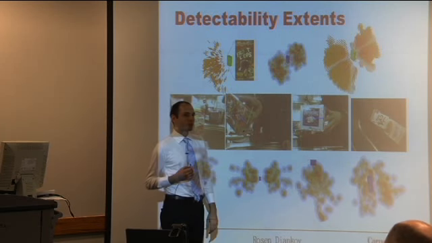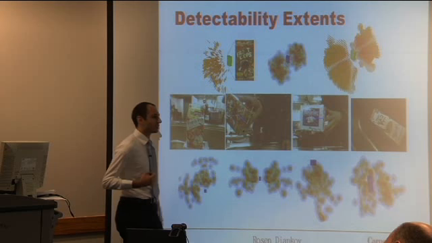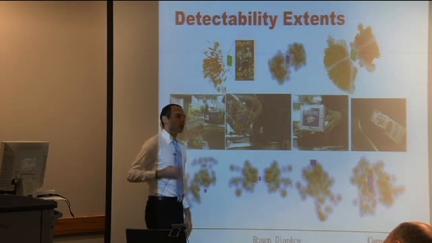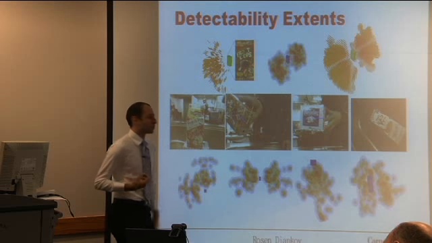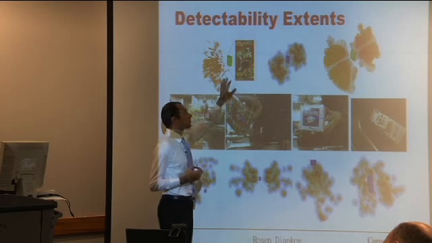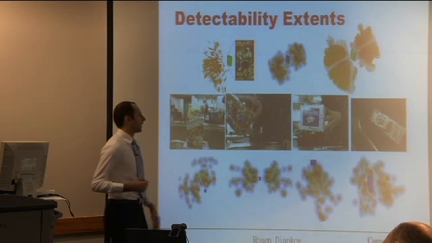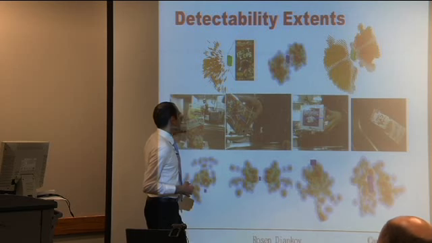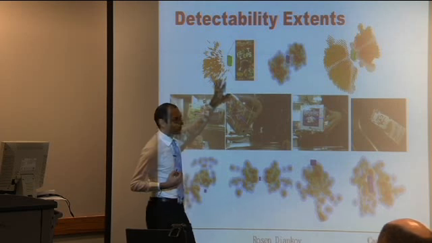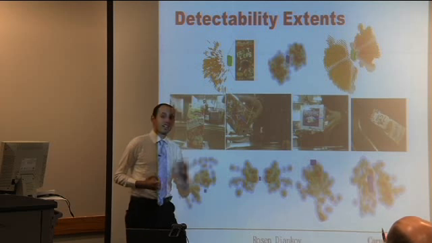One of the other final components that we really push on in this thesis is this concept of the detectability extents for an object. When you want to see an object, and in order to better estimate its pose, you need to know where the camera should be in order to move it there. Training these is really simple. You just have a user wiggle the object around the camera.